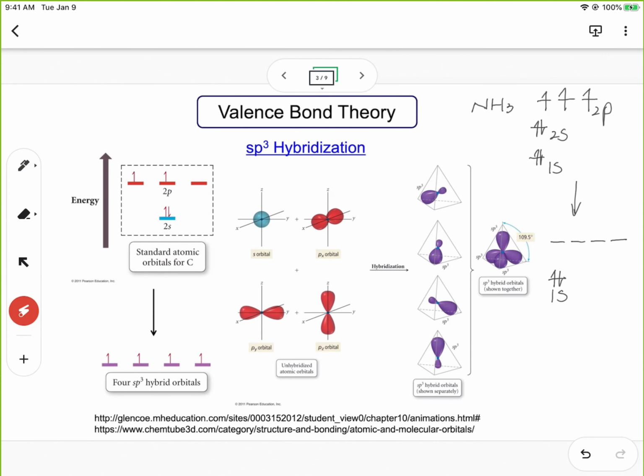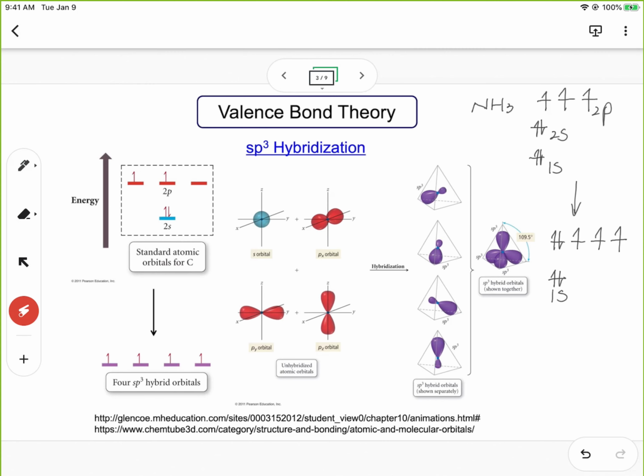Now you have 5 electrons, right? So what happens here is you put those 5 valence electrons from nitrogen on those 4 identical orbitals. One is fully occupied, and the other 3 remain singly occupied. When nitrogen interacts with 3 hydrogens, these 3 electrons will be shared in pairs with the hydrogens.